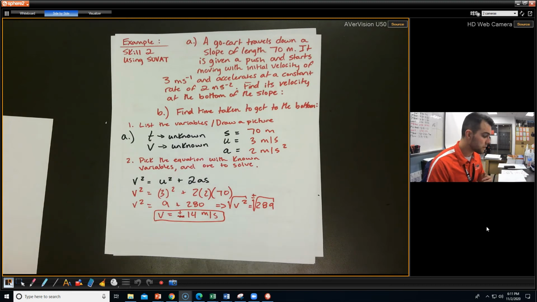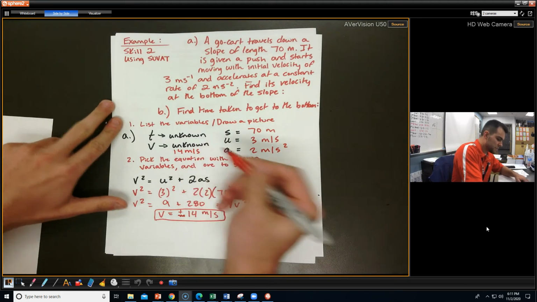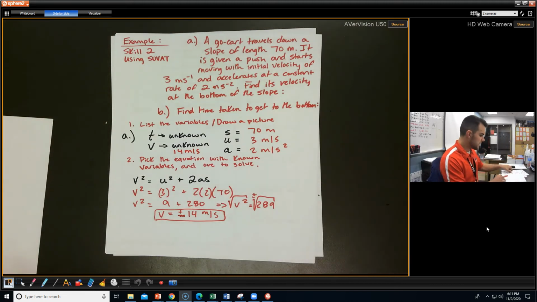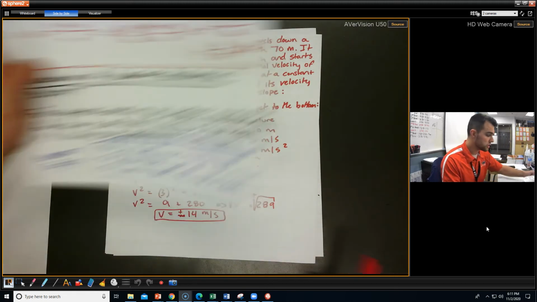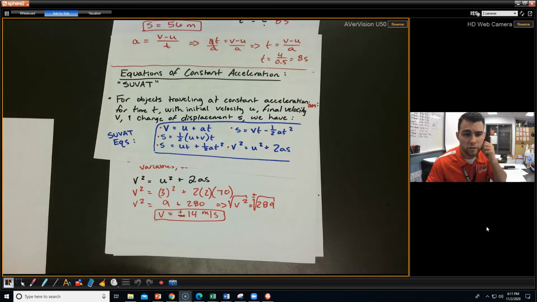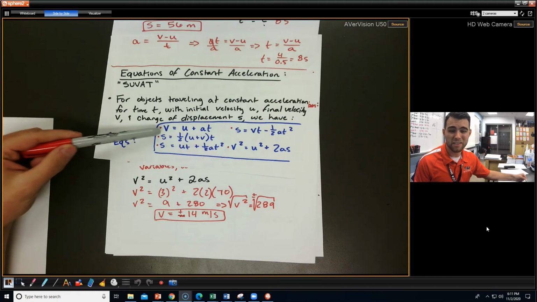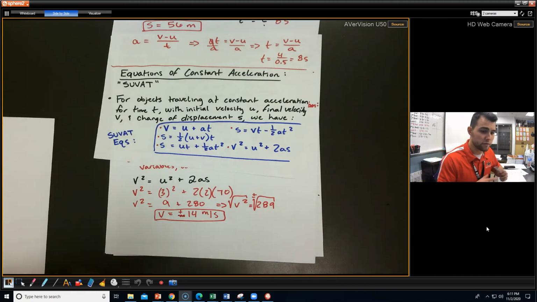Sweet. Now part B is saying, find the time taken to get to the bottom. Well, now we know what our v is. And we need to solve for t. Now, if you're looking at your equations, there are a lot of equations that have t in it. Okay? So what we got to do is we just need to pick the one that we think is going to be the easiest at this point. If it's my money, it's going with this first guy right here. We now know the final velocity.